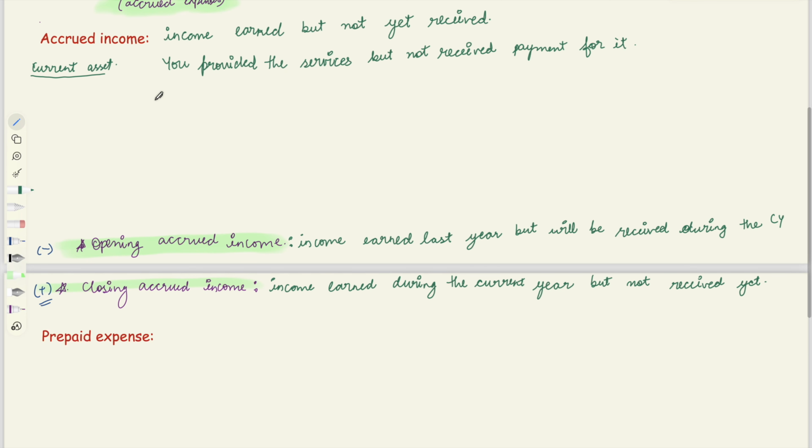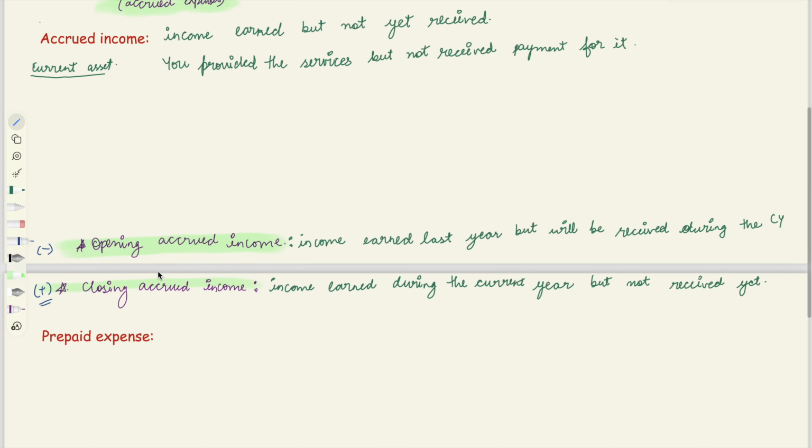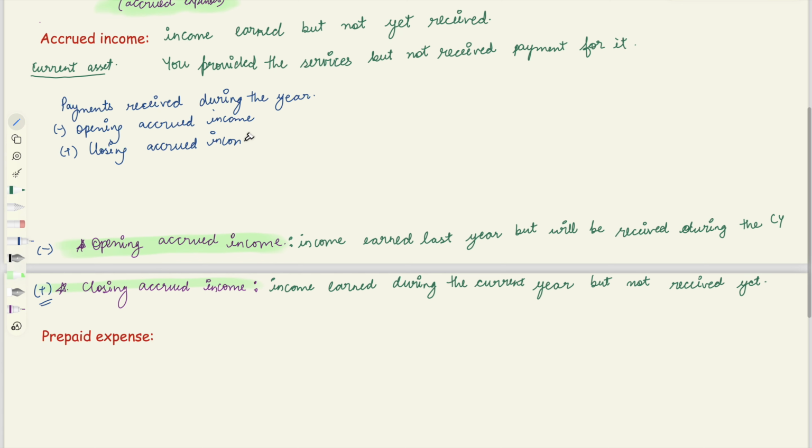So current assets have an opening balance. Let's prepare. So the pro forma for it will be: payments received during the year, minus opening accrued income, plus closing accrued income, and then the balance of income taken to statement of profit or loss.